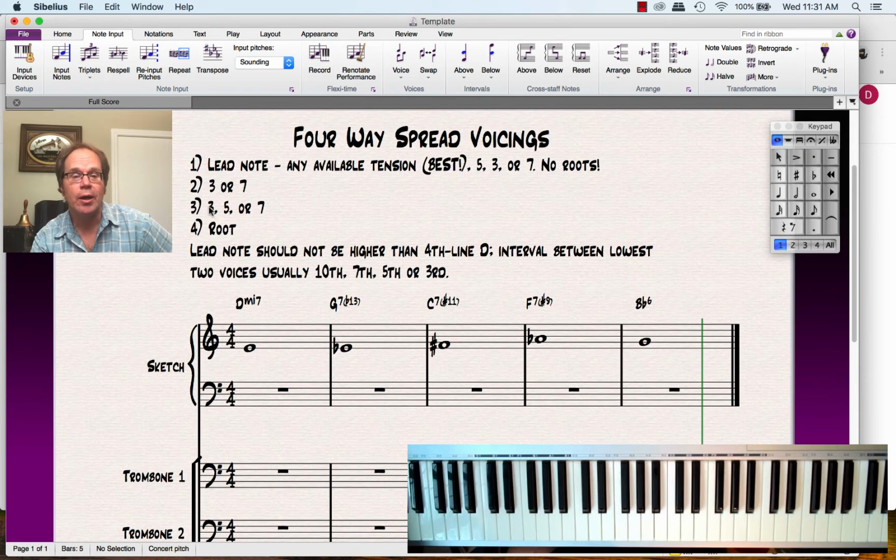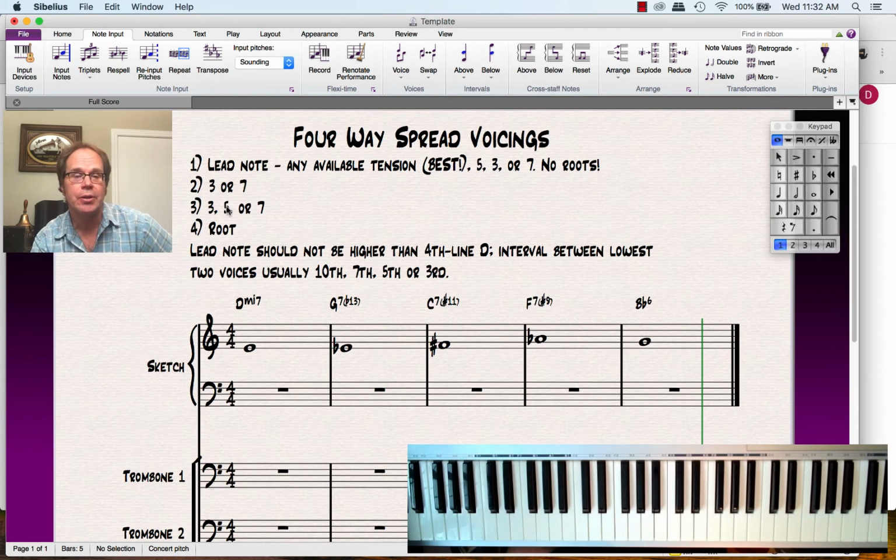The next note up can be a third, a fifth, or a seventh. For the most part, I've got to be honest with you, when I write spread voicings, unless there's some sort of melody that I created where I'm going to have a third or a seventh in my lead, I'm always thinking of the second and third voices here as the third and seventh.